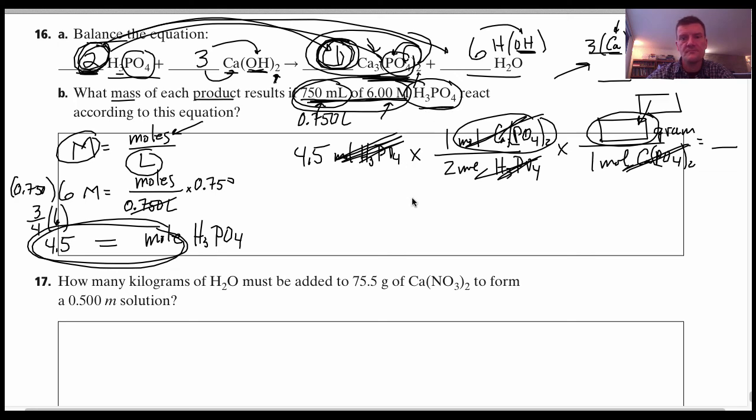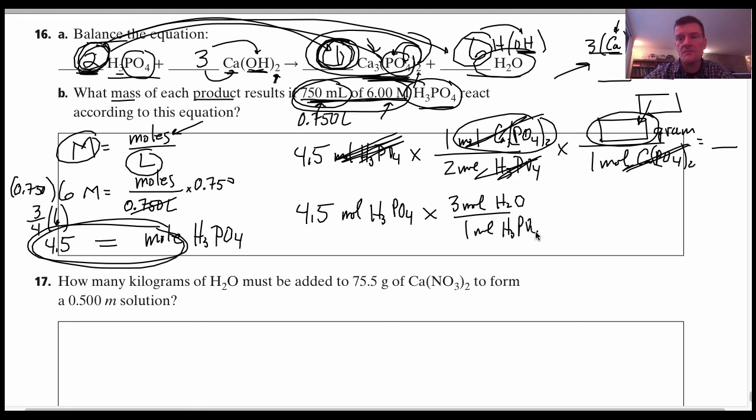Okay? Now you're going to do the same thing for water. 4.5 moles of H3PO4. What's the ratio here? It is a 6:2 ratio. It's actually 3 times as much. So 3 moles of water are produced for every 1 mole of the H3PO4.